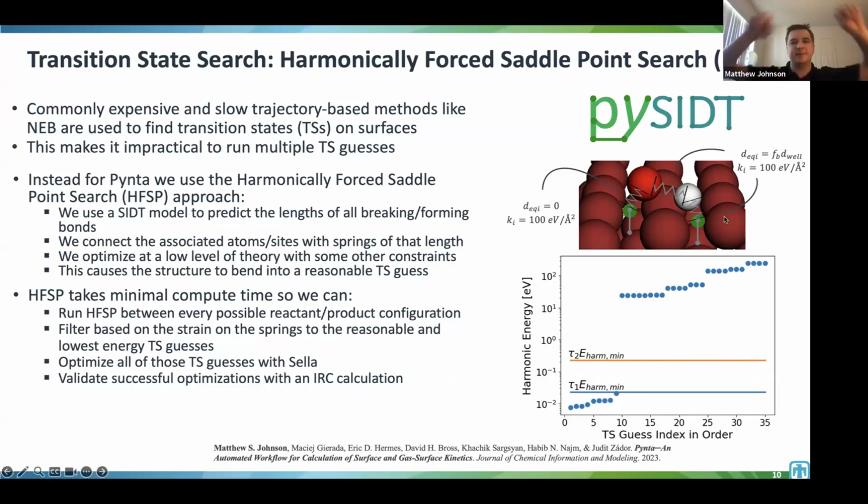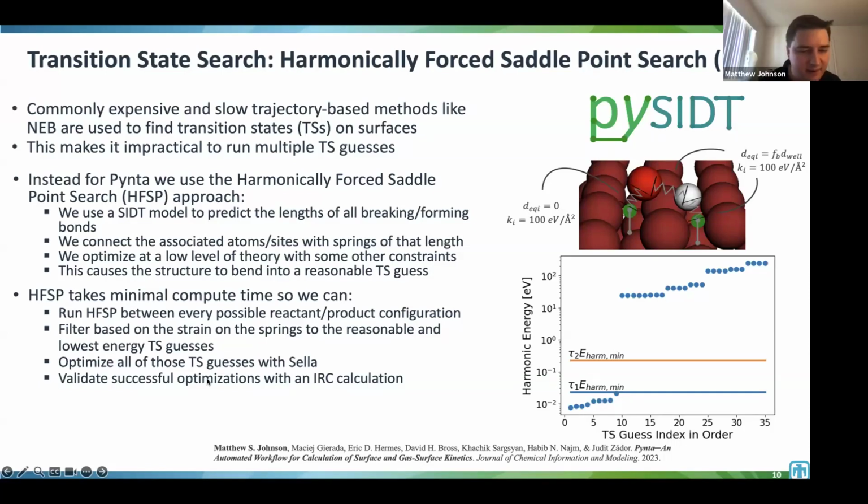It will build those harmonic potentials, estimate the length as a function of that site, and predict how long those bond lengths are supposed to be. Then it will apply that potential when it does this HFSP optimization to pull it into the transition state. Does that help? A lot. Yeah, thank you so much.